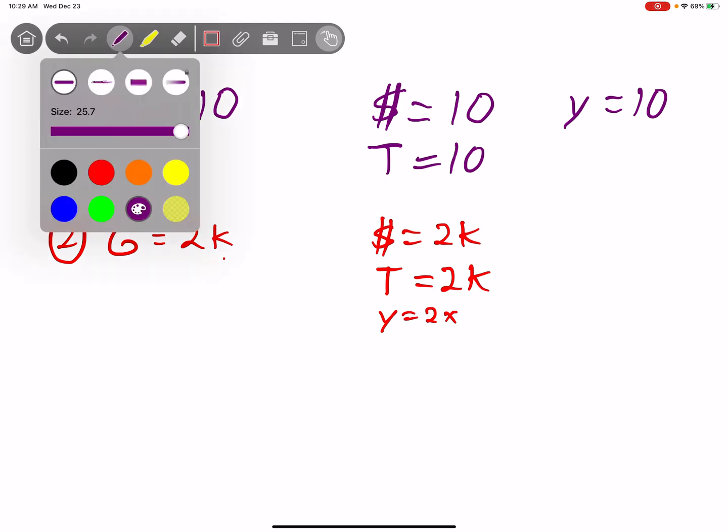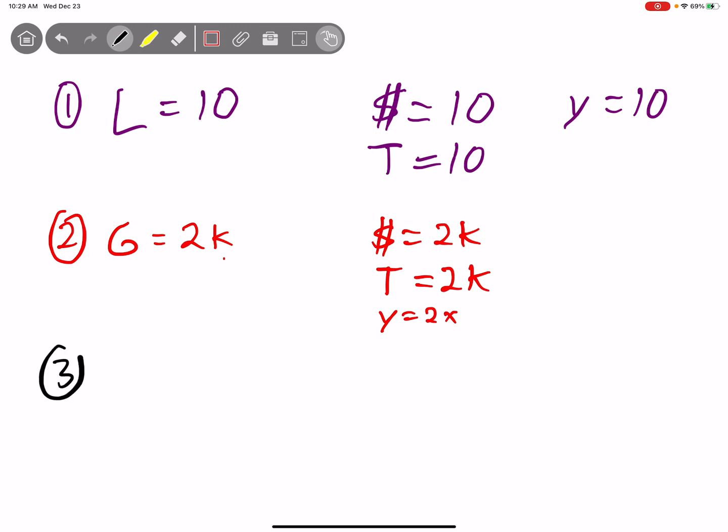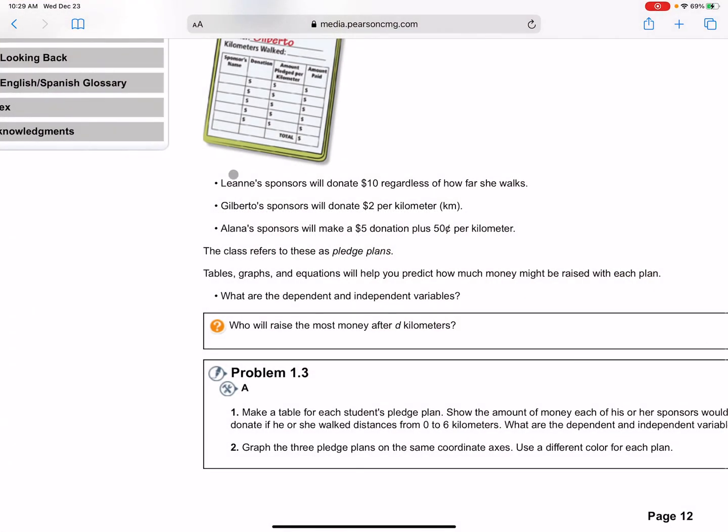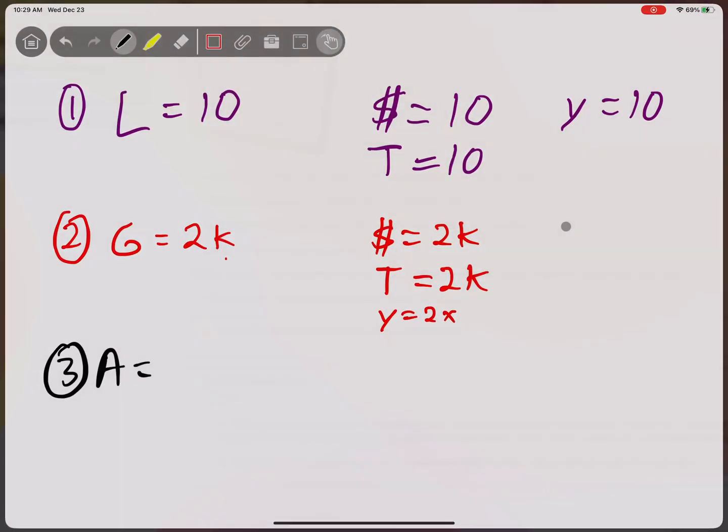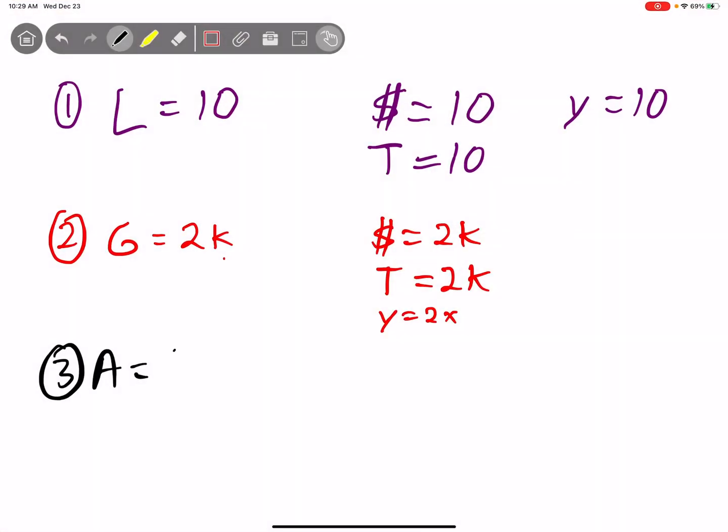Okay? And then finally, for Alana, remember, Alana gets a $5 donation, meaning she just gets that $5, it's like a flat fee. Okay, she's getting $5 no matter what, plus she's getting 50 cents per kilometer.